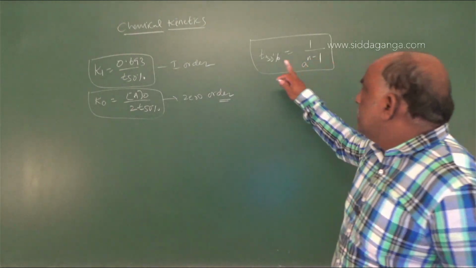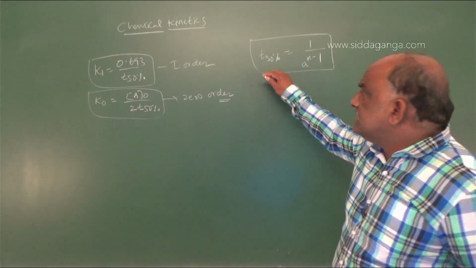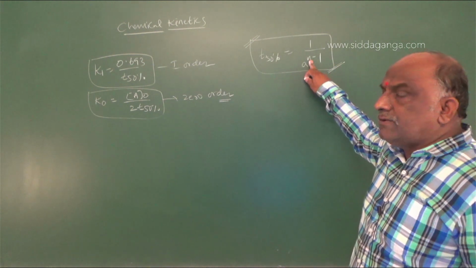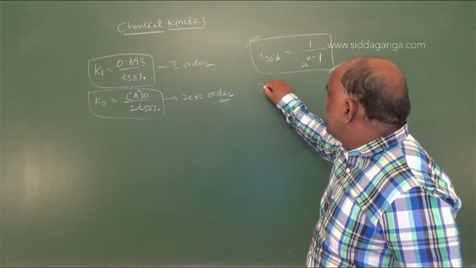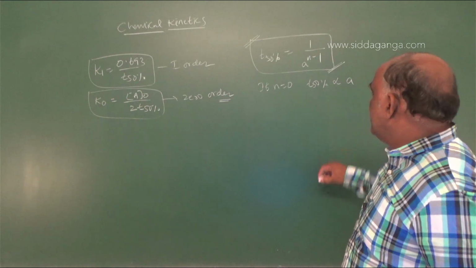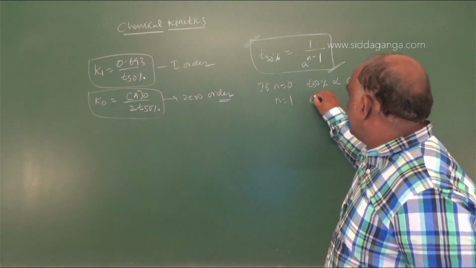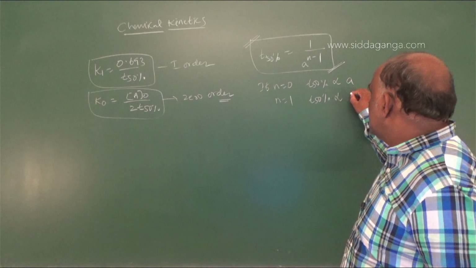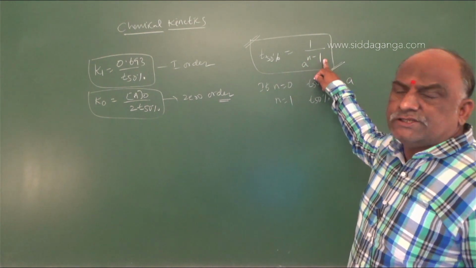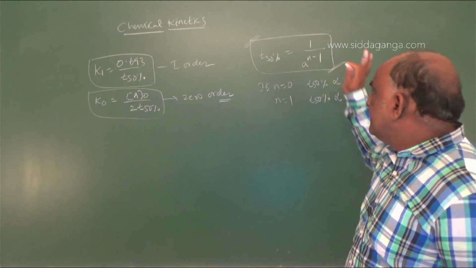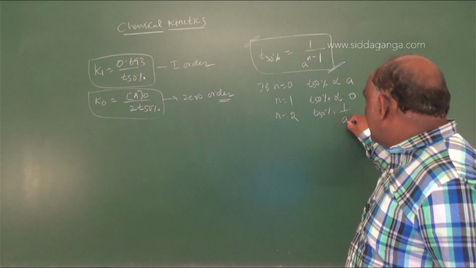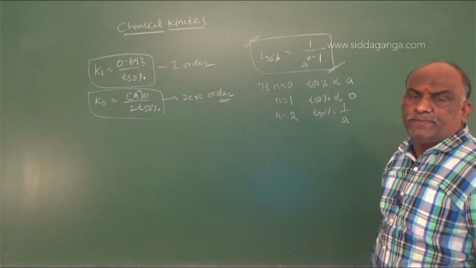Substitute n equal to 0: T50% is directly proportional to A. If n is equal to 1, 1 minus 1 is 0, so T50% is independent of A. If n is equal to 2, T50% is inversely proportional to A, since 2 minus 1 is 1. Clear?